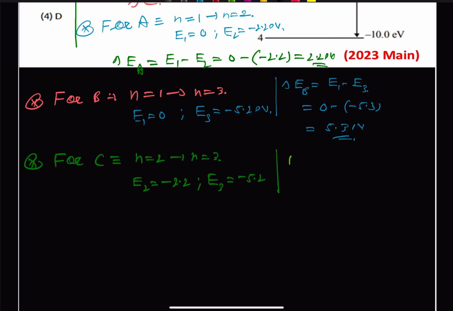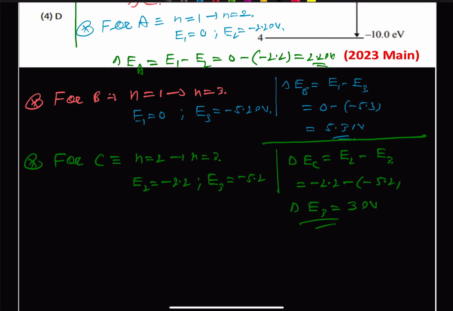So we can find delta EC, which will be equal to E2 minus E3, which is minus 2.2 minus of minus 5.2. So delta EC is equal to 3 electron volt.